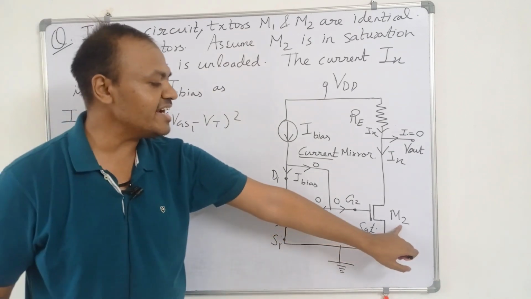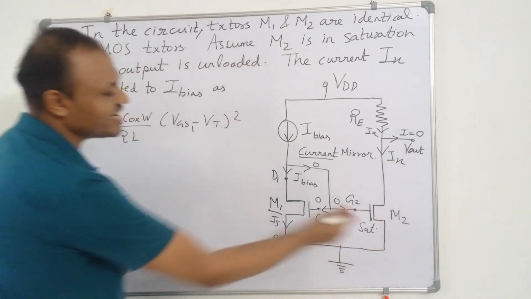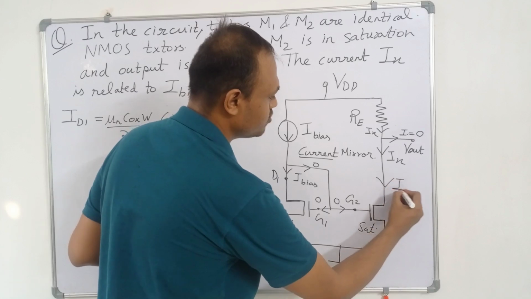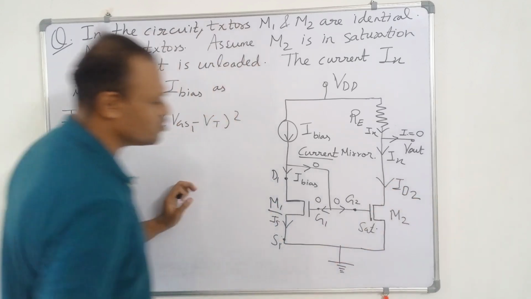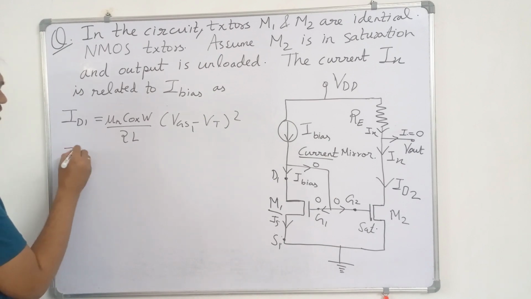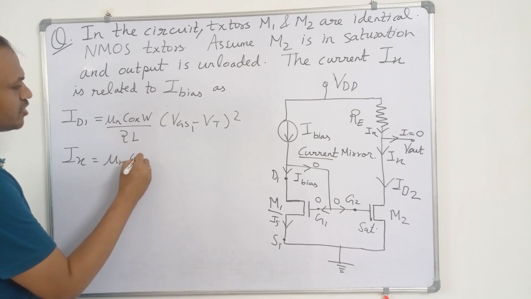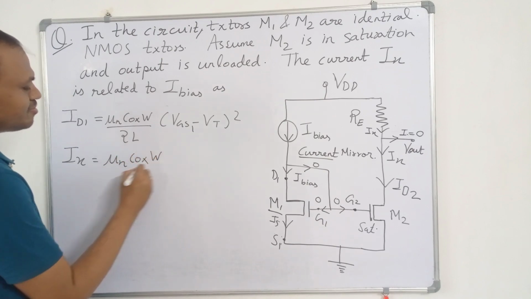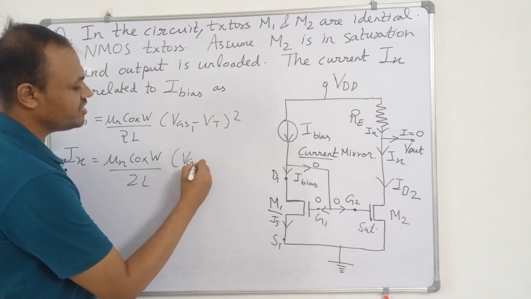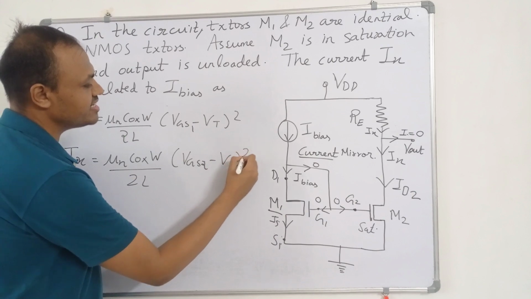Now if we write the drain current for M2, then the drain current of M2, ID2, will be equal to Ix. So I can write Ix equal to mu n COX W by 2L, VGS2 minus Vt square.